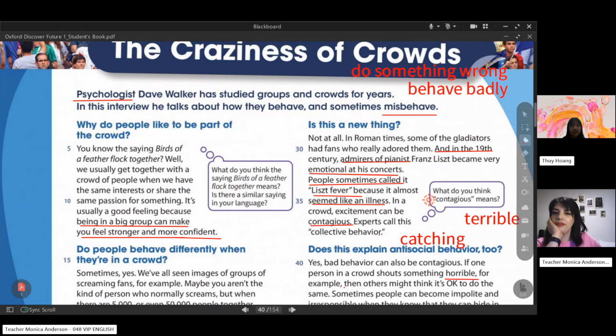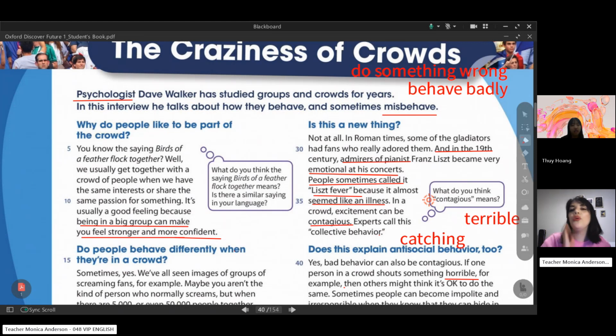In the 19th century, admirers of pianist Franz Liszt became very emotional at his concerts. People sometimes call it Liszt fever because it almost seemed like an illness.